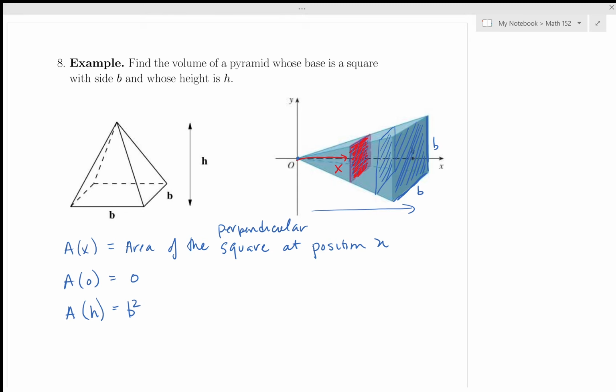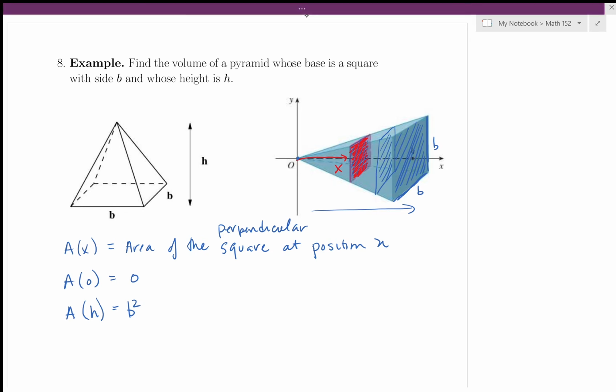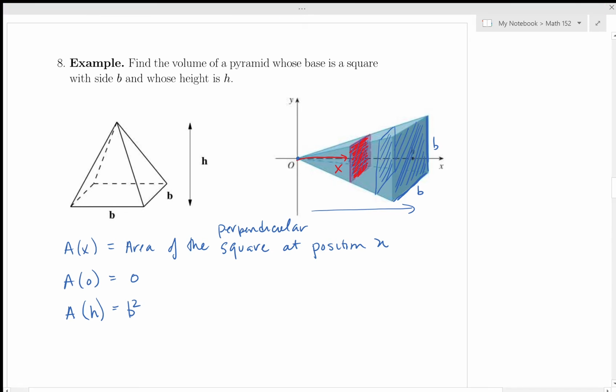So I need to figure out what this value here is, y, right? Because here, let me just erase this and show you, this value y. Okay, so that y is a function of x, and that y is the length of the square, and so the area there is y squared.